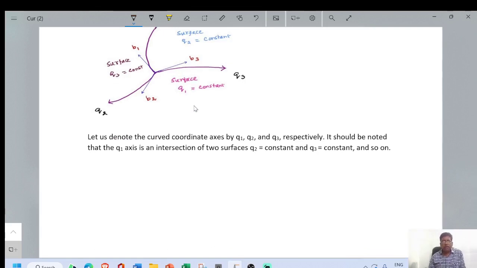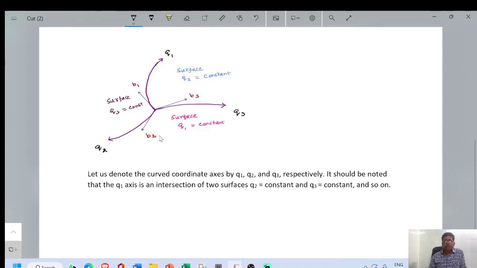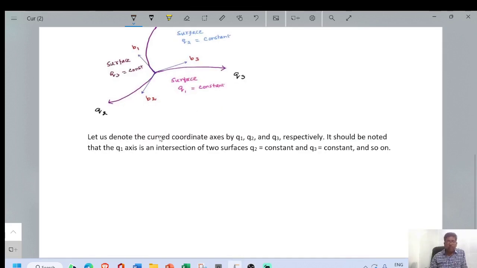Now we have to make our transformation from Cartesian coordinate system to this curvilinear coordinates. For that, write down the Cartesian coordinates. X equal to x of q1, q2, q3. Y equal to y of q1, q2, q3. Z equal to z of q1, q2, q3.